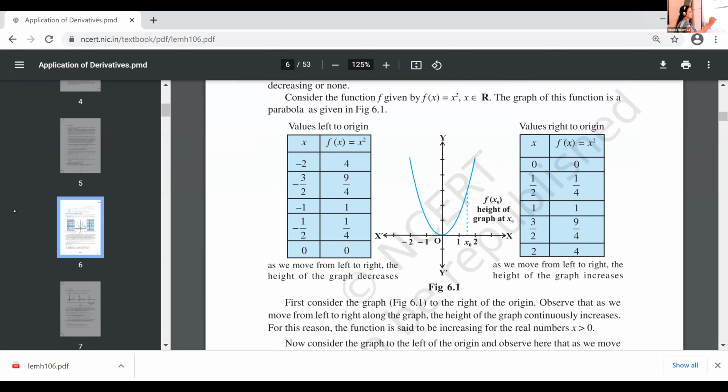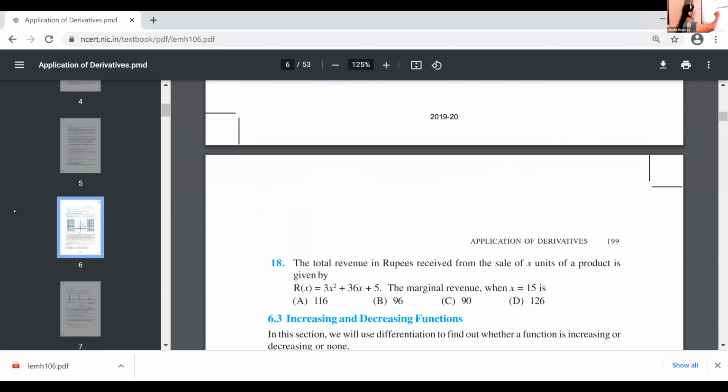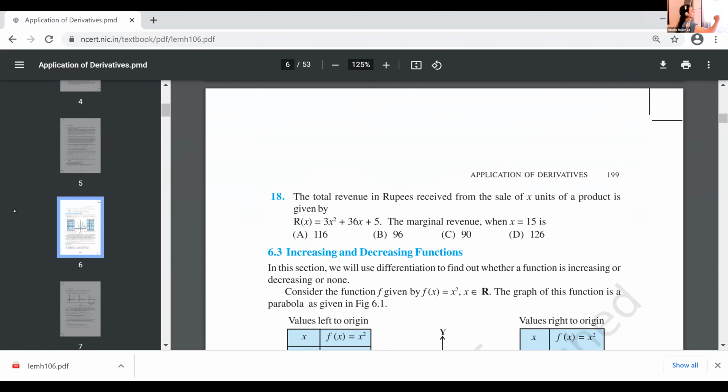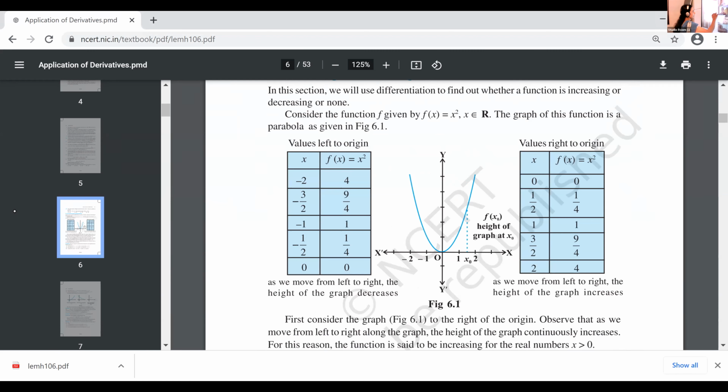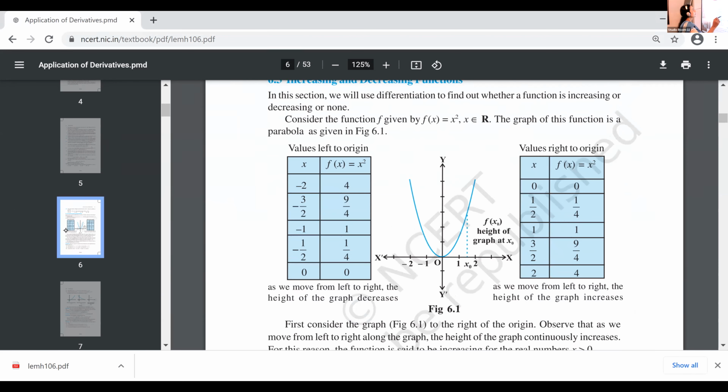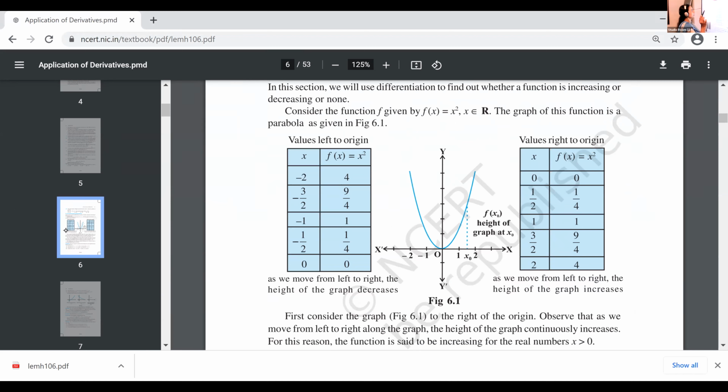Increasing and decreasing functions. So look at the graph given here, a parabola. Look at this side: as x is increasing, f of x is also increasing, isn't it?